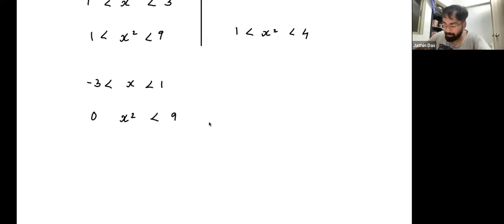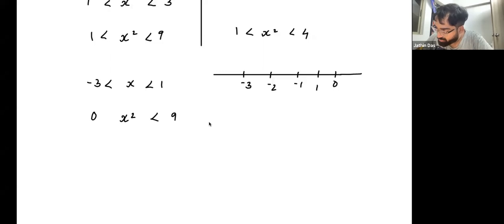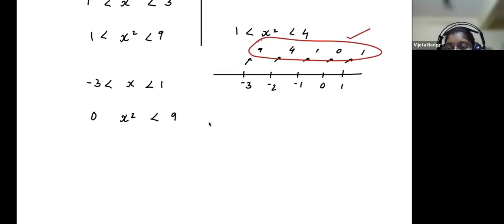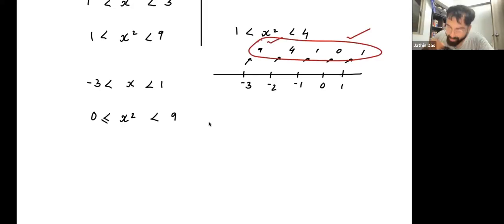See the number line: -3, -2, -1, 0 and then 1. The squares are 9, 4 and so on. Out of this, the minimum is 0 and the maximum is 9. But the problem is that here equality will come because 0 is included in that range.